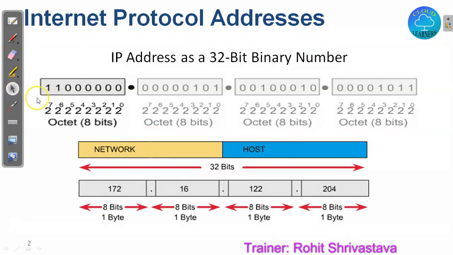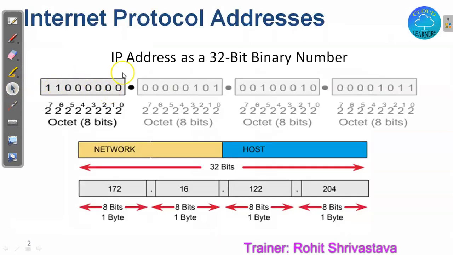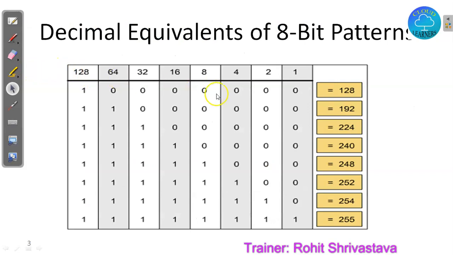So let's move further to the next slide. These are the decimal equivalents of 8-bit patterns. I hope everybody knows this, but if not, let's discuss it too. As I told you in the previous slide, each octet consists of 8 bits, so we should know what these 8 bits give us. In the binary number system, we have the weights of all these bits.